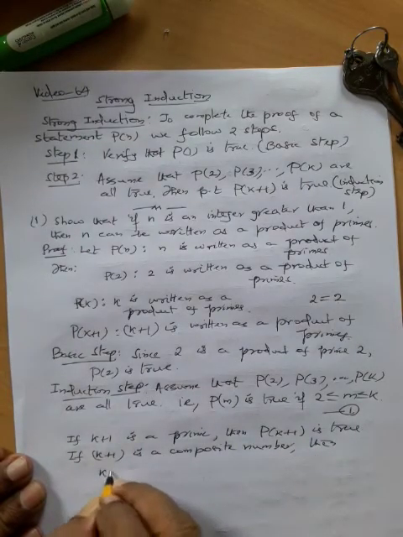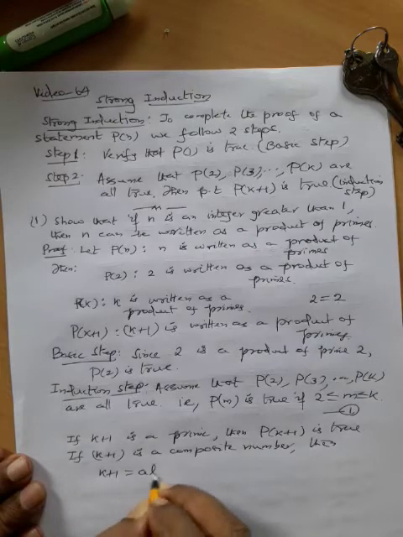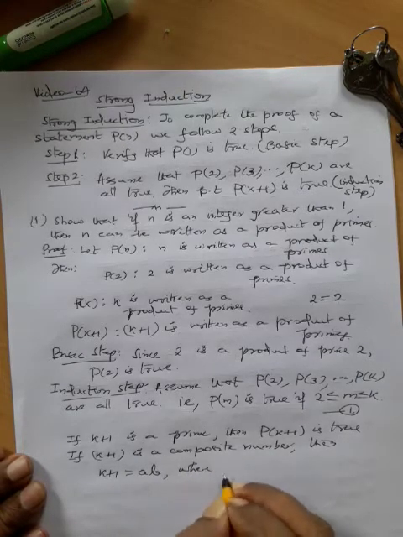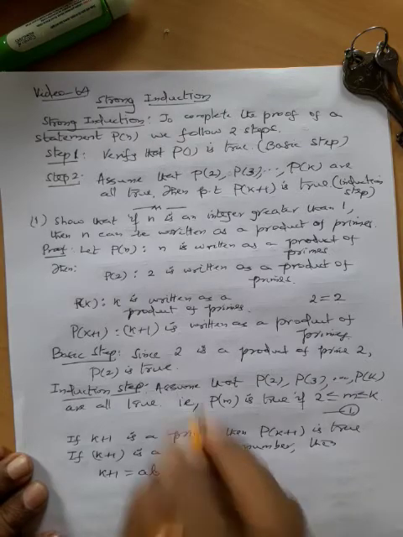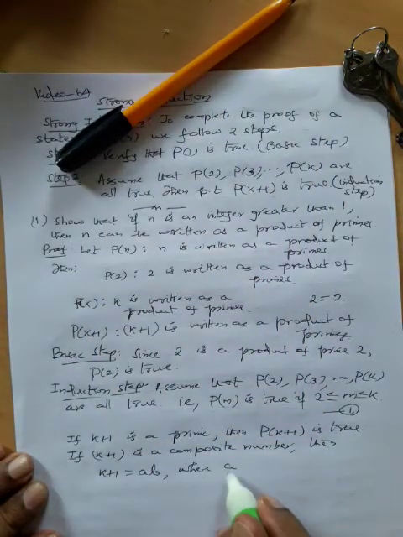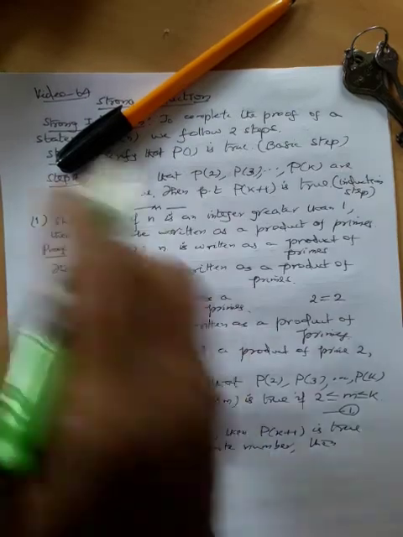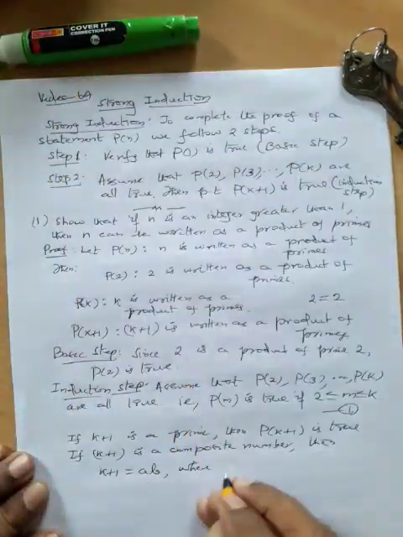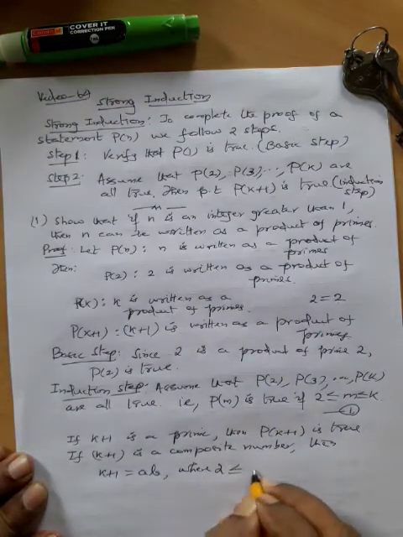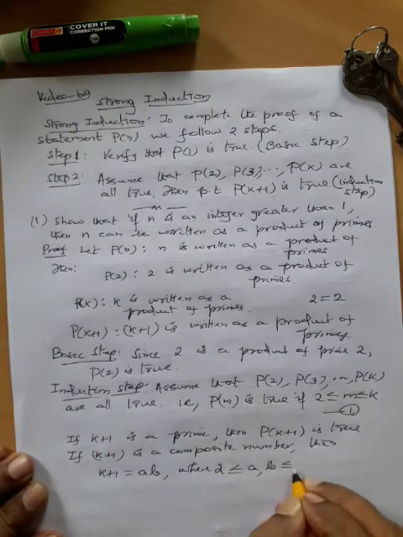then k plus 1 is equal to a product of two integers a and b satisfying the condition that both of them are greater than or equal to 2, where 2 is less than or equal to a, b less than or equal to k.